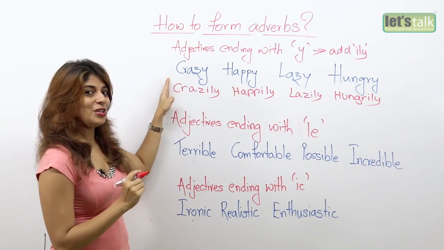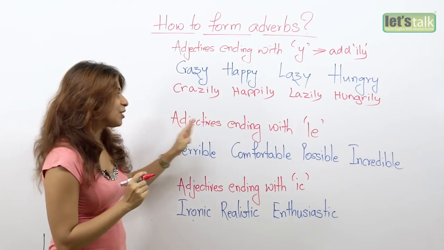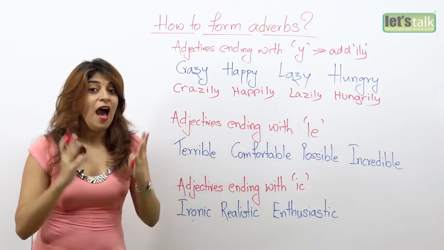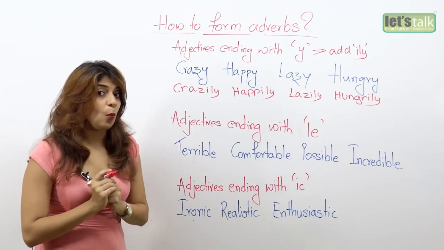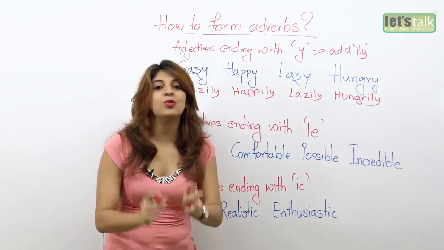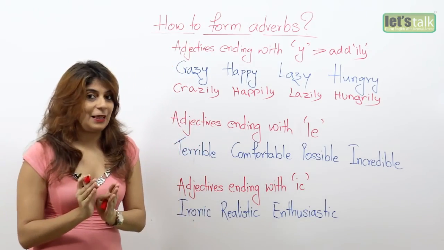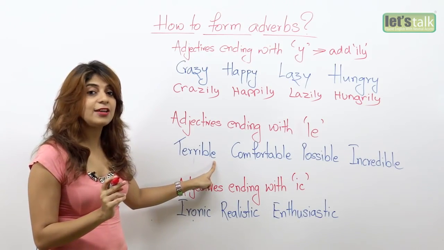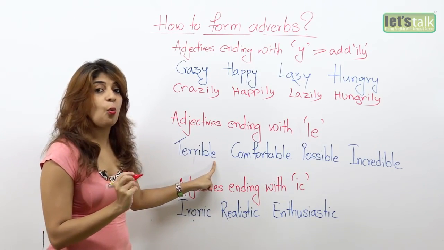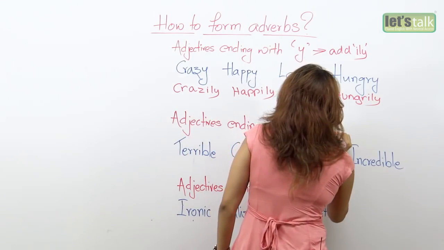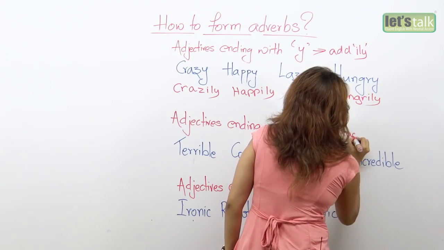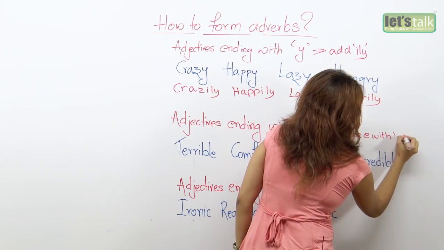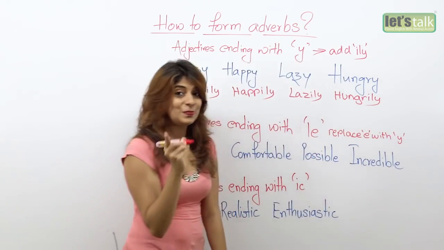Now let's move on to another rule. Adjectives ending with LE. So, how do we form adverbs with the adjectives that end with the letters LE? Very simple. You need to replace the letter E with the letter Y. Simple?